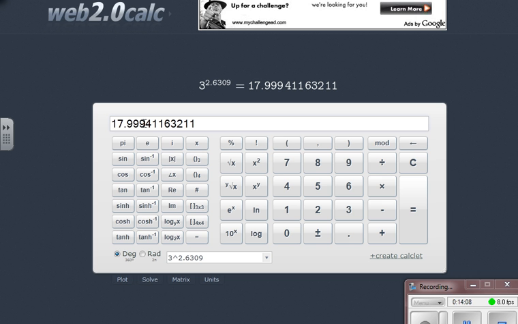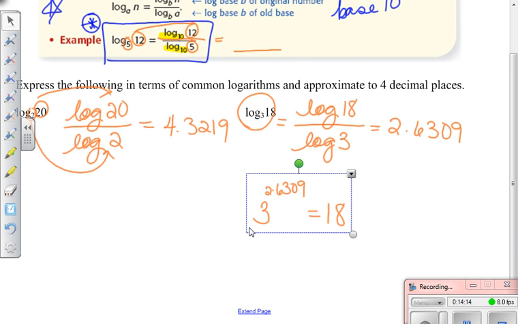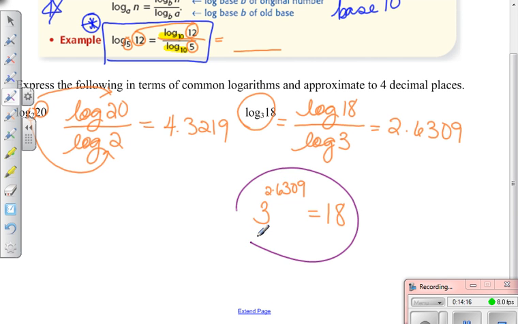So that is how you can check and guarantee that what you're doing is in fact still mathematically correct. And that is the end of the 10.4 lesson.